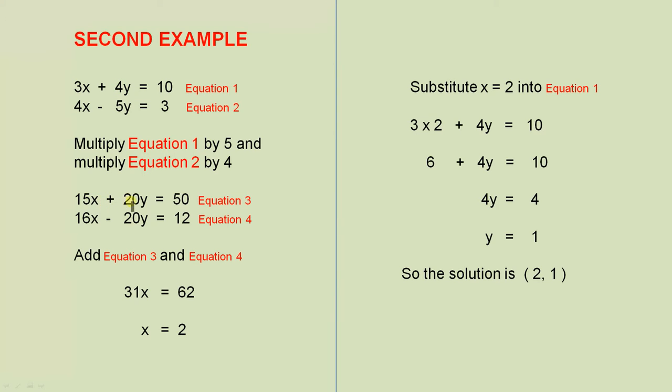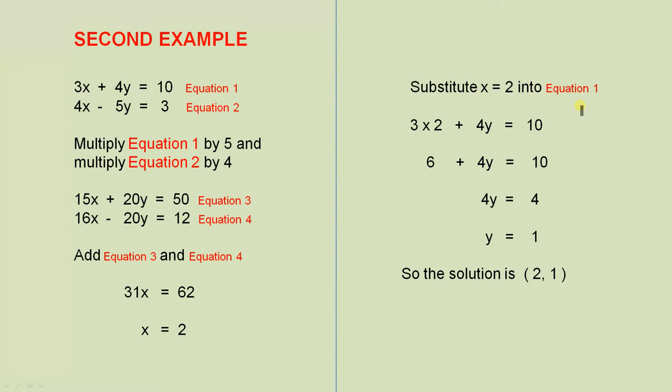We have 15x plus 20y equals 50, and we call that equation 3. And we have 16x minus 20y equals 12. And we call that equation 4. If we add those two equations together, we have 31x equals 62, so x equals 2.